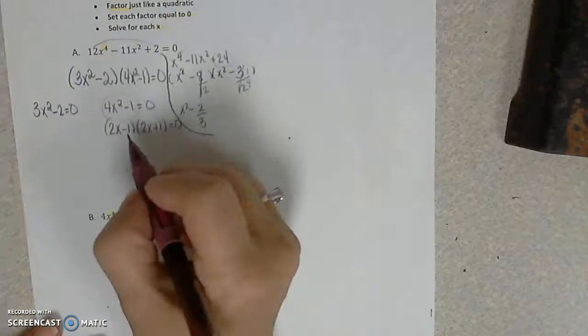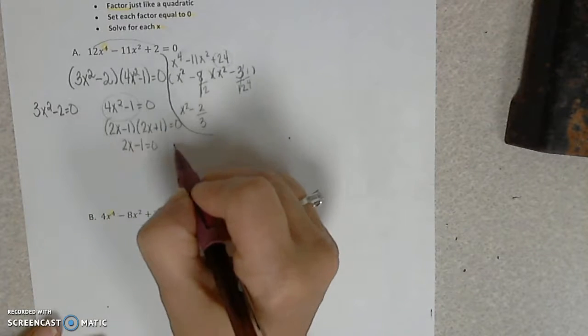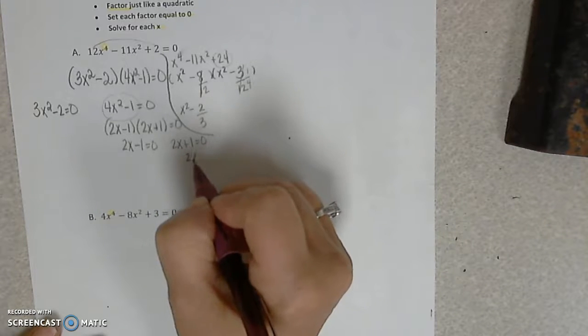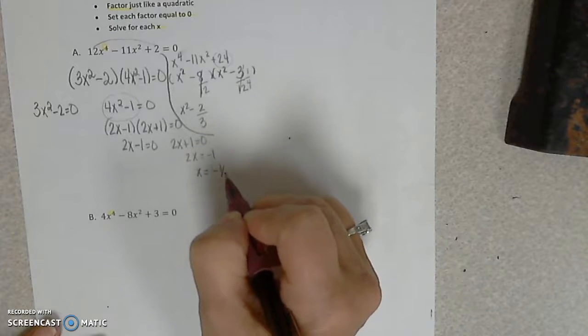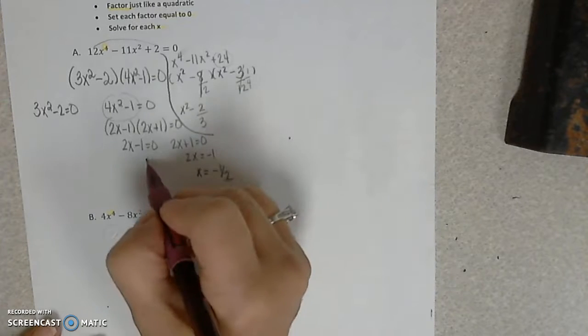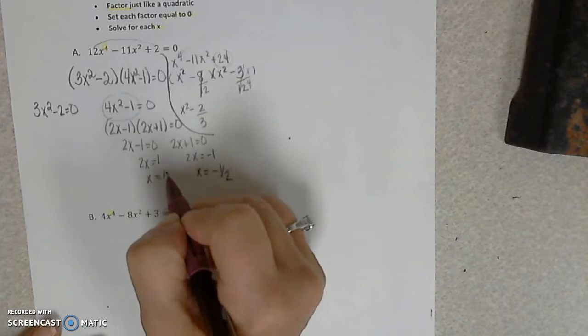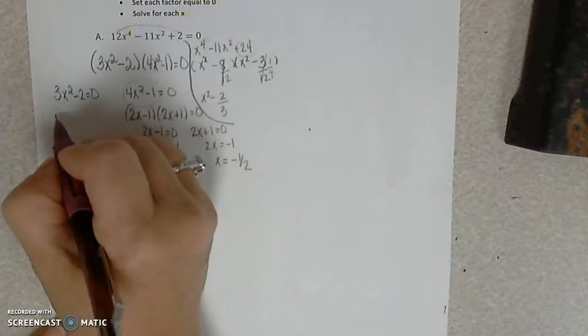So now we can find x to the first power by setting all of these equal to 0. So x equals negative 1/2, and x equals positive 1/2.